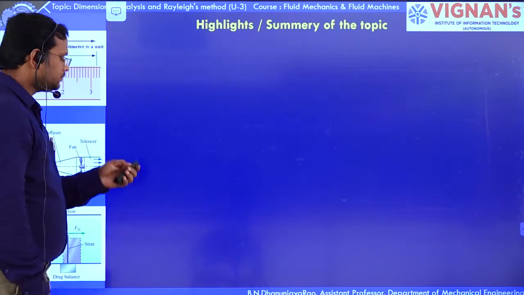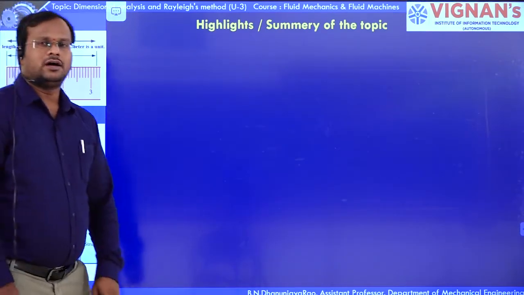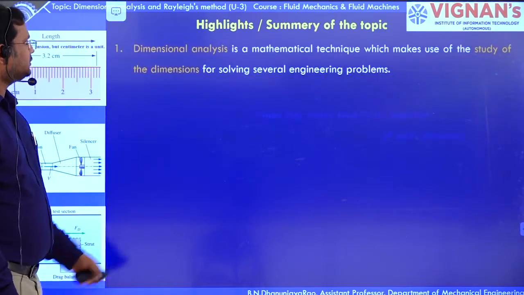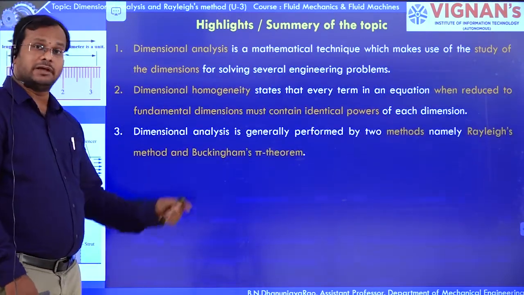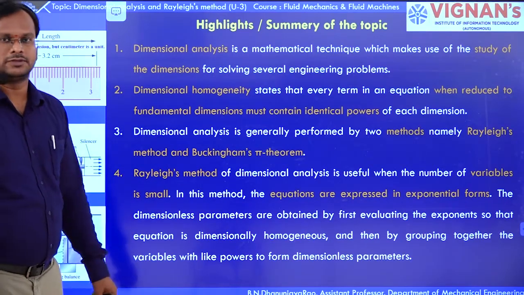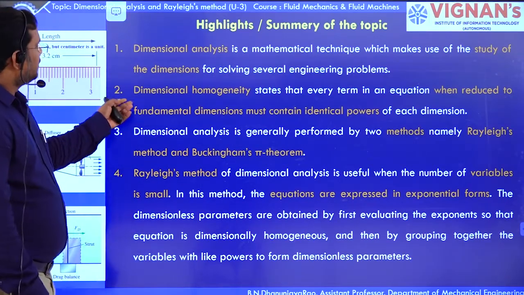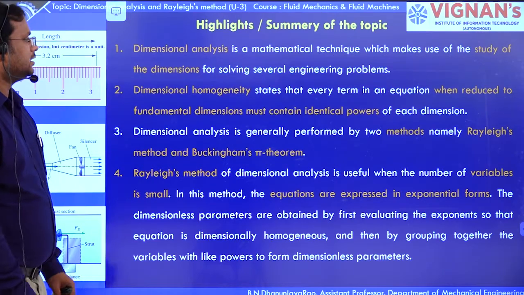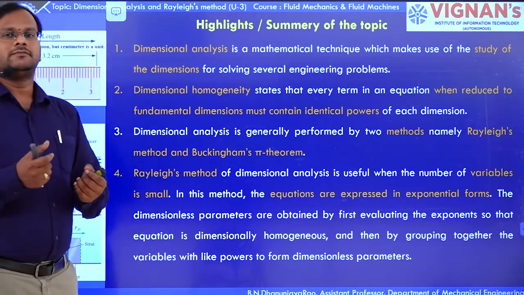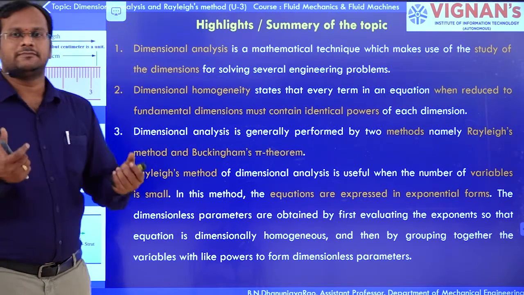Here are the highlights or summary points of these topics. First, dimensional analysis is a mathematical technique used in research on fluid flow problems. Next, dimensional homogeneity states that every term in an equation must be the same.